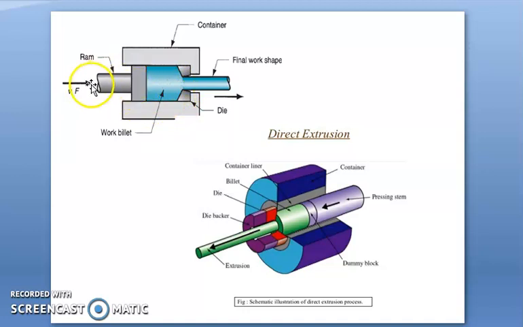The ram is used for applying the force. This v is the small velocity applied to the ram, and F is the force applied to the ram. See here we have the die. The die is located at the container, and the shape of the die depends on the shape of the product we want.